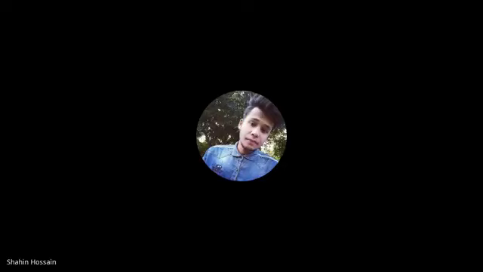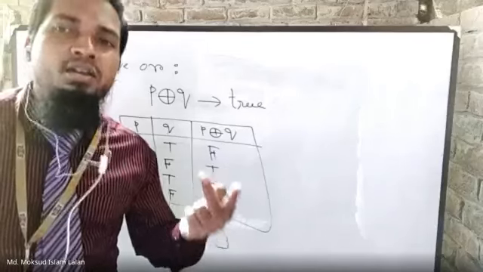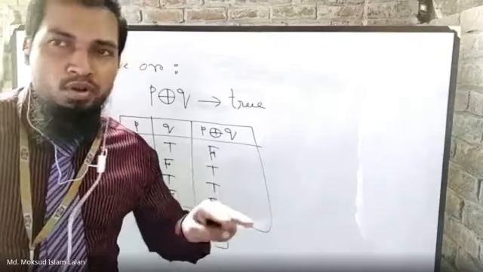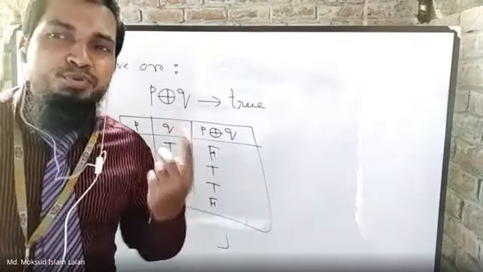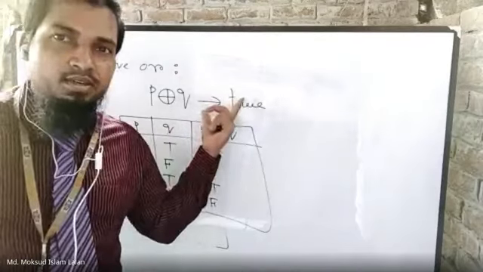That means when both are same, then this is false. When both are same there are two types, true or false. If true, then we have covered it as a conjunction.